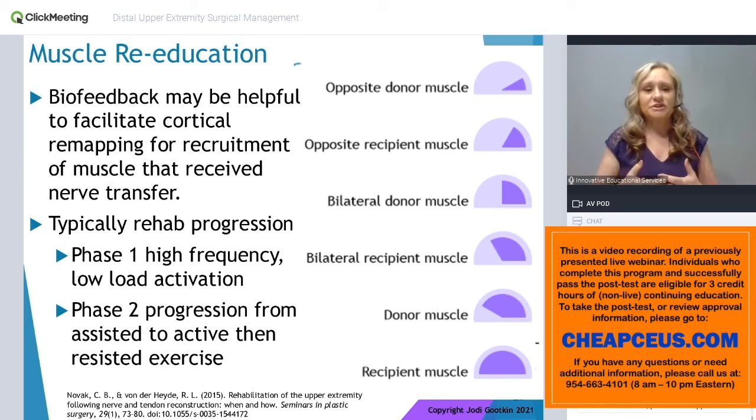So it's a progression. As the patient goes through the rehab process, early in phase 1, we're doing high frequency, low load type of recruitment: putty, grip, isometrics. Later on we're going to progress more to the active and the resisted type of movements.